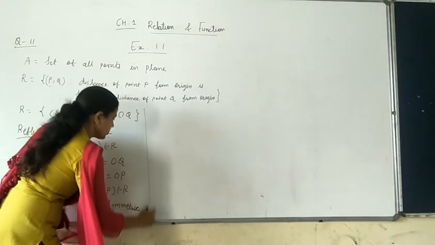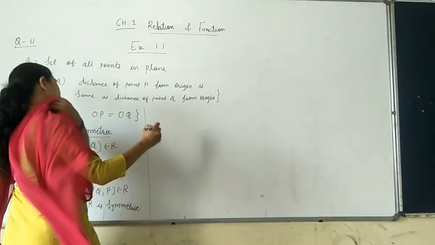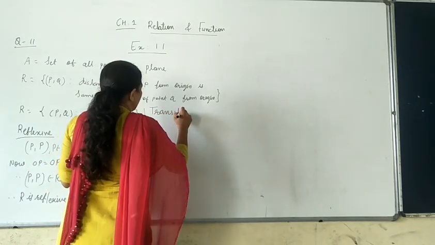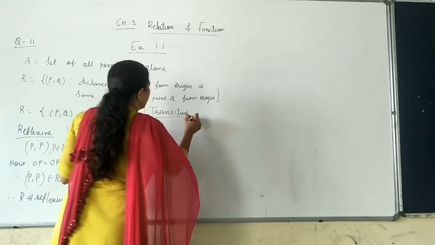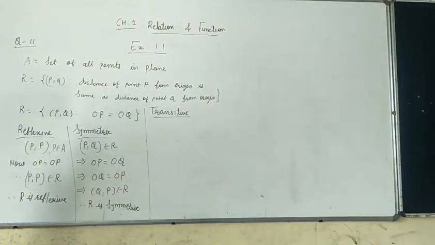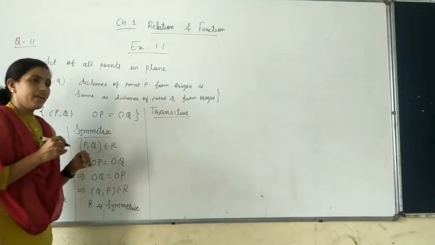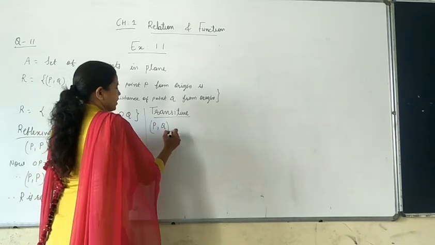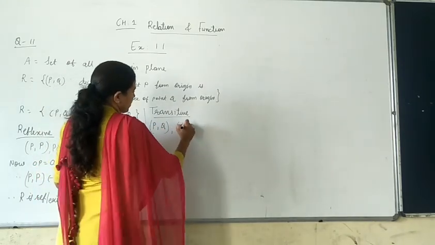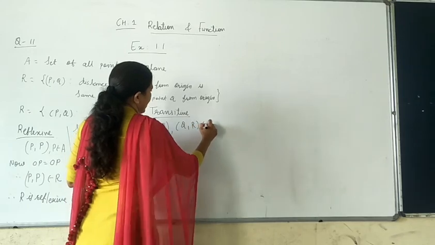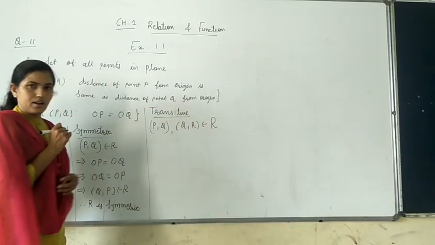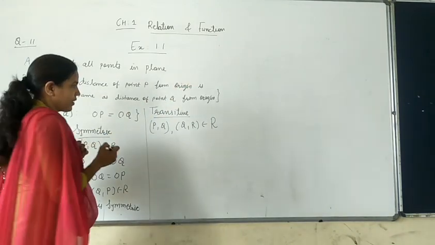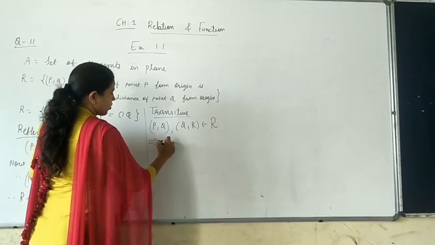Now, third is the transitive. Now, what is the meaning of transitive? First, suppose 2 points (P, Q) belong to R, and (Q, R) belong to the relation R. Then (P, R) belongs to R. But what is the meaning of this?